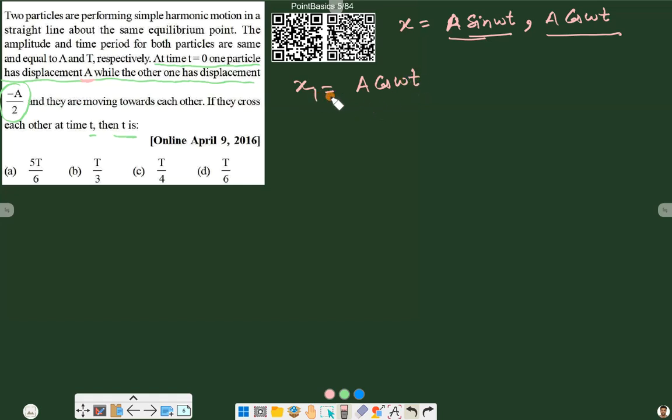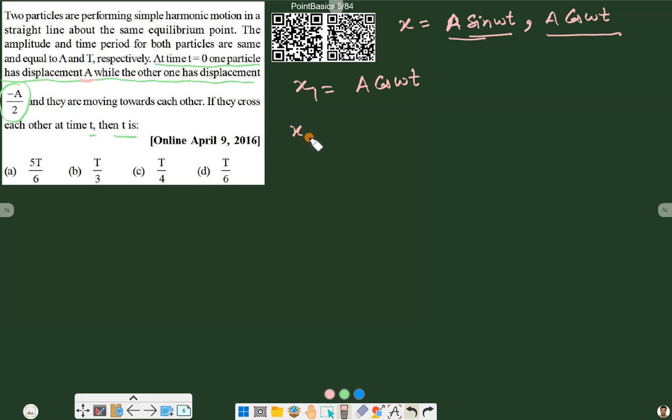Now, once we have chosen some form of equation, in the whole question we will stay with that, and if we encounter any other displacement at time equals 0, then we have to add some phase to it so that we can satisfy that additional displacement using the same equation.